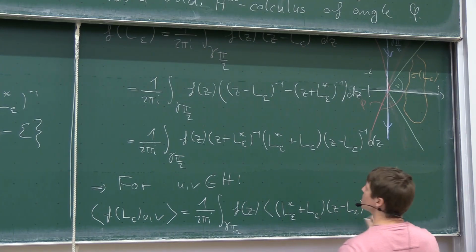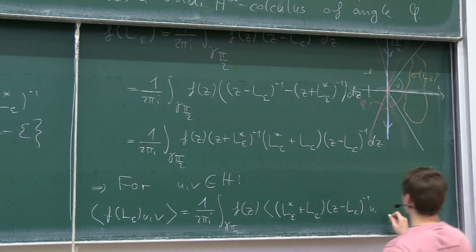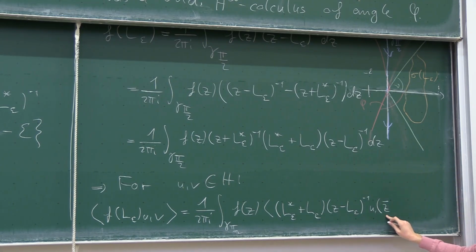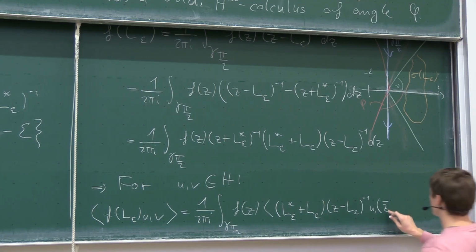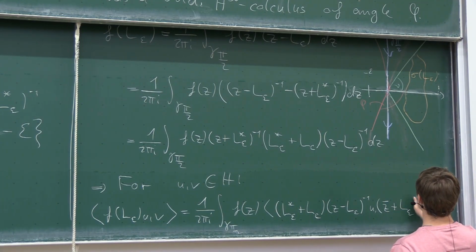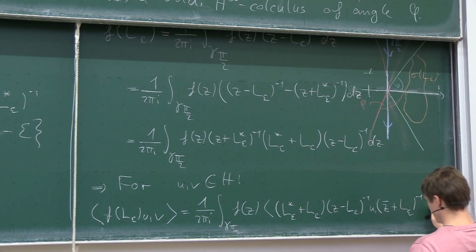This is applied to u, and here we also use the definition of the adjoint operator. So we get here the resolvent evaluated at the complex conjugate z̄ plus L_ε inverse applied to v.